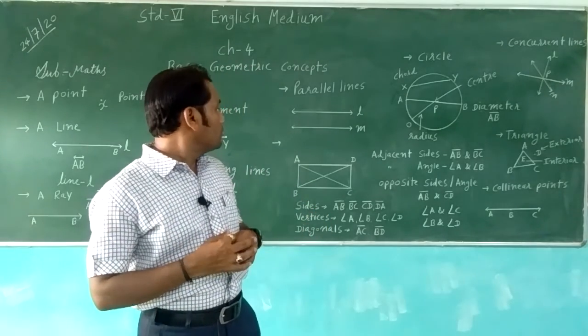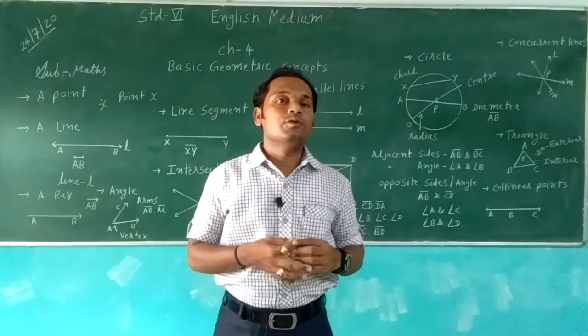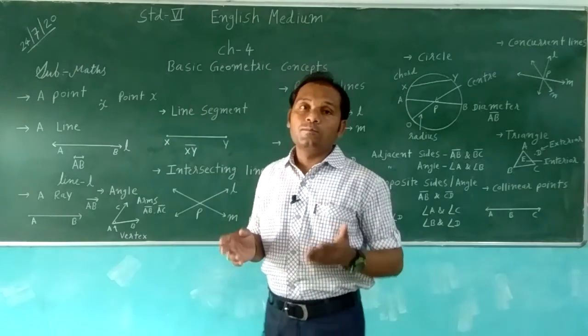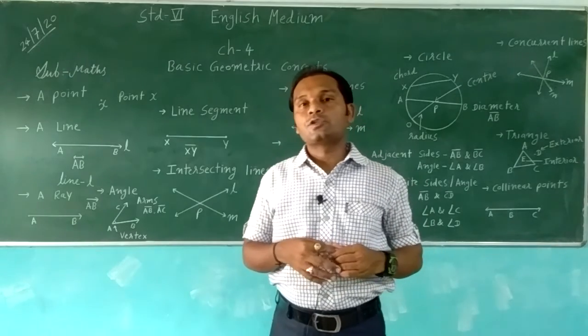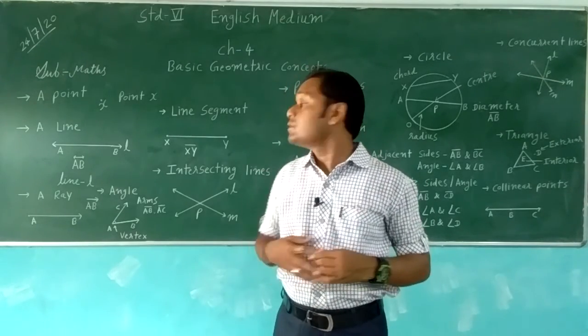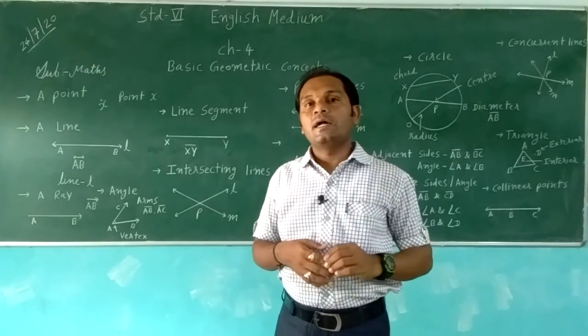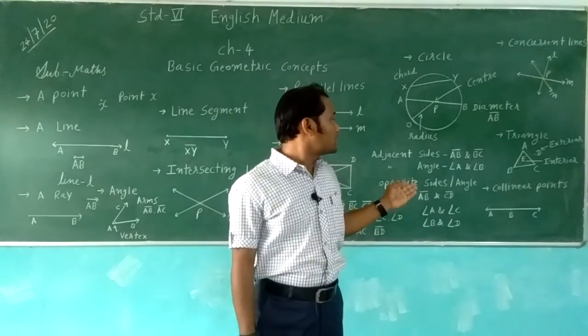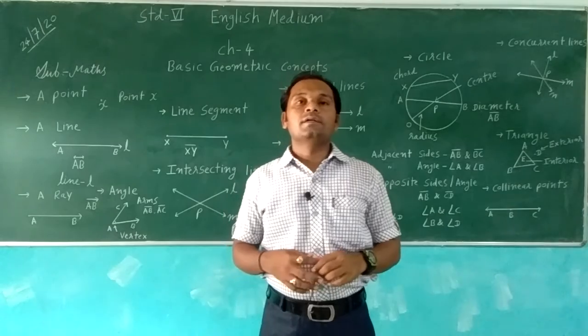There is a practice exercise in your book. You can solve it very easily. Use all this information and solve that exercise as homework. These things are very easy for you to understand.